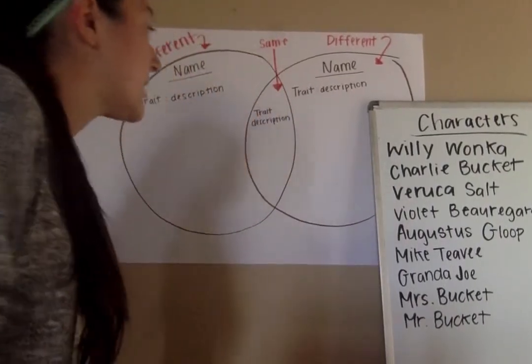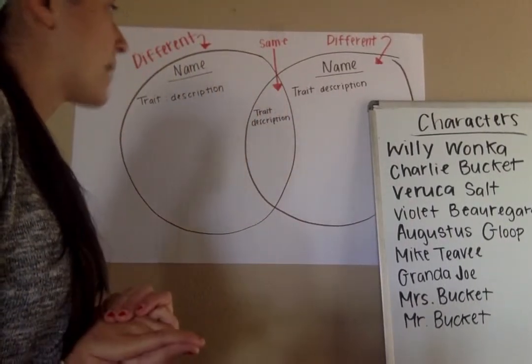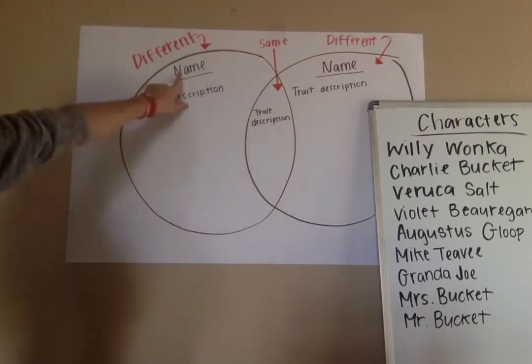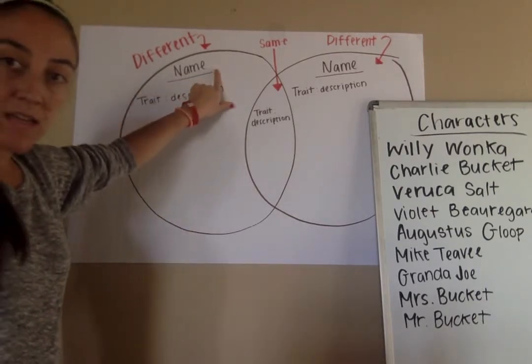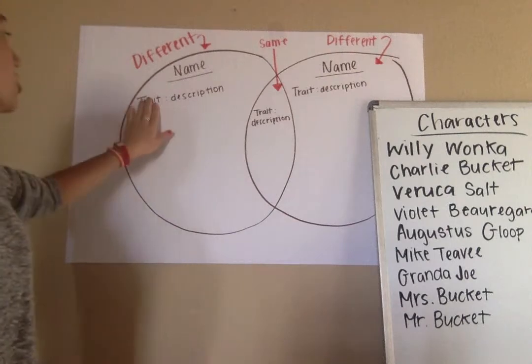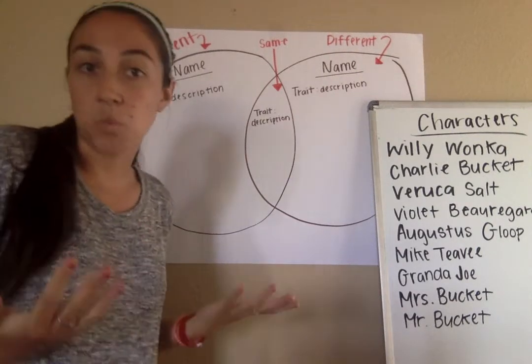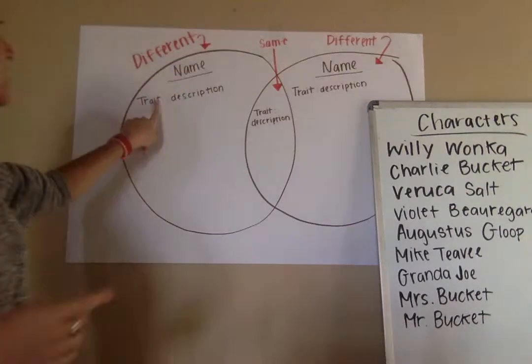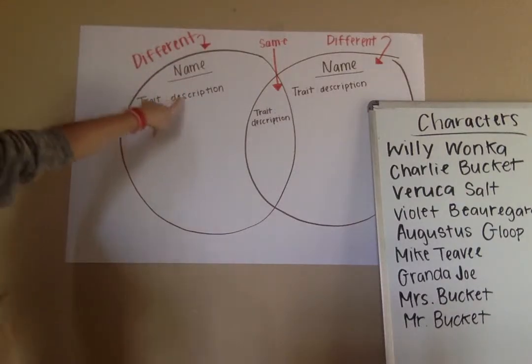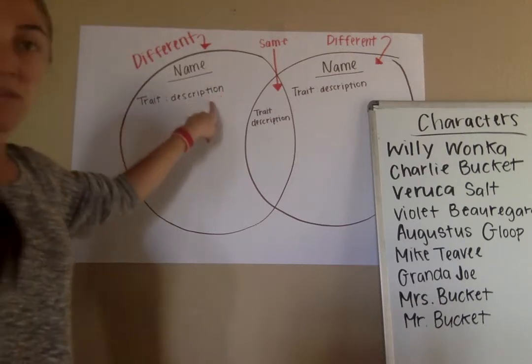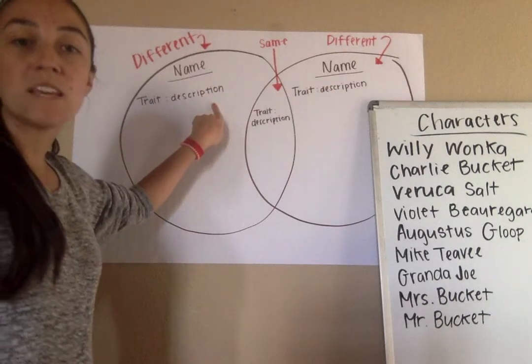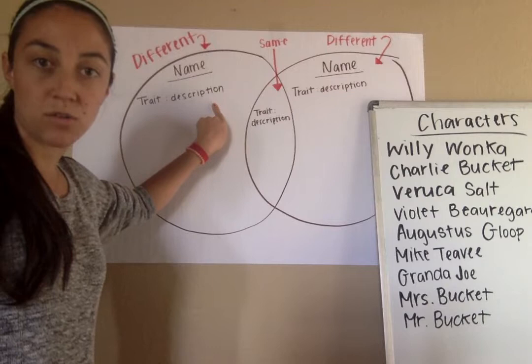So, for example, let's say I choose to write about Charlie. So I'm going to write Charlie Bucket up here next to name, and then where it says trait, maybe I want to say that Charlie is a sweet boy. If I put sweet boy here, I need to be able to describe or give an example of when he's been a sweet boy in the story.